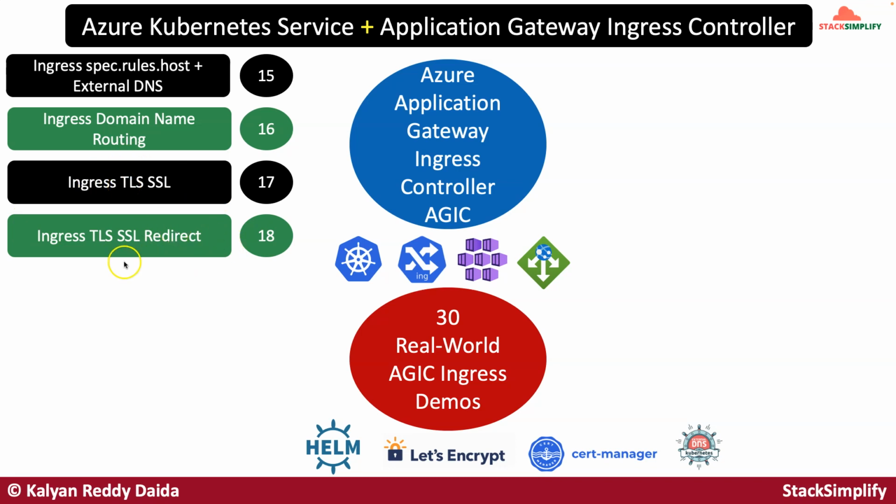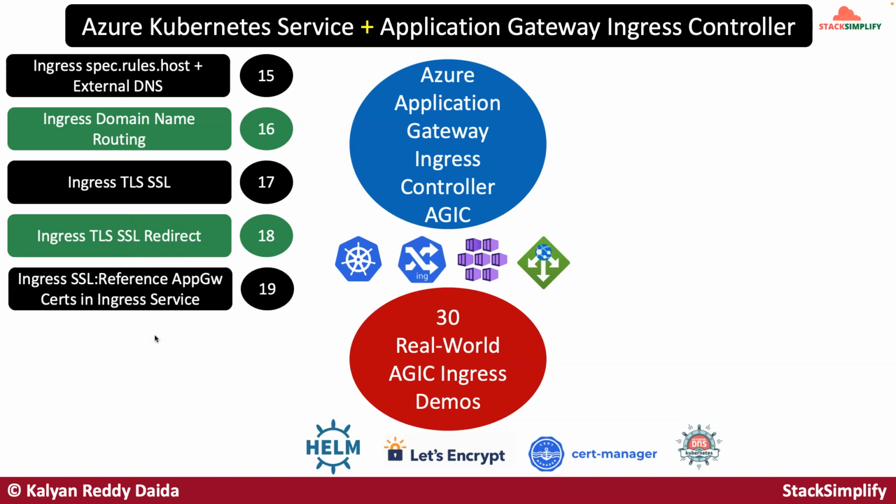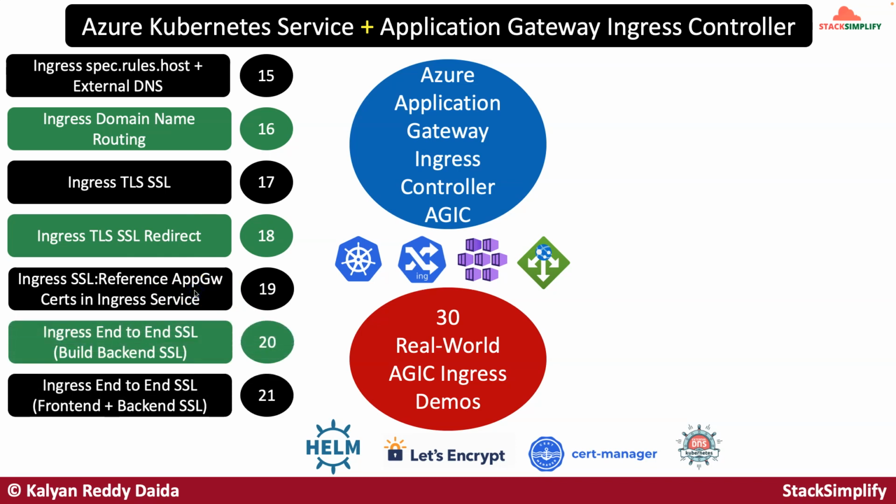And we are also going to enable HTTP to HTTPS redirect as part of this demo. And from there, we'll move on and then also implement one more demo wherein we already have our SSL certificates in application gateway, and then how to reference them in our Ingress service. So that demo also we are going to implement.